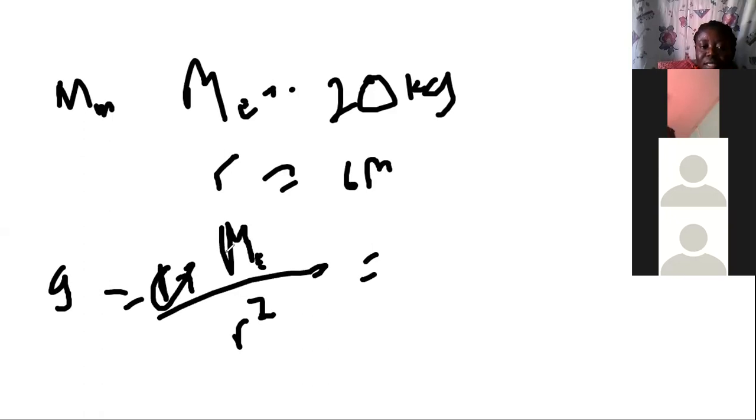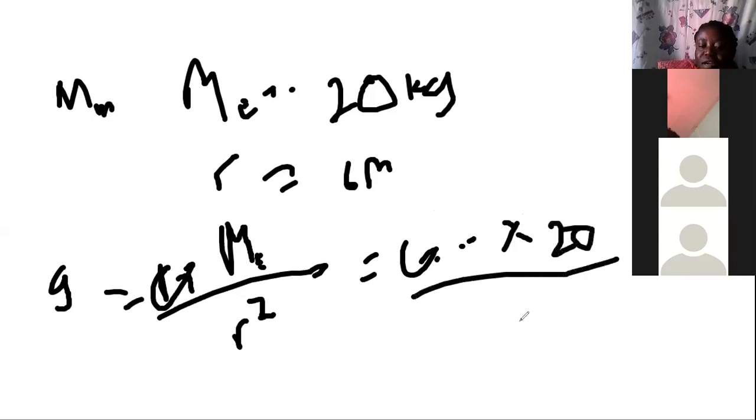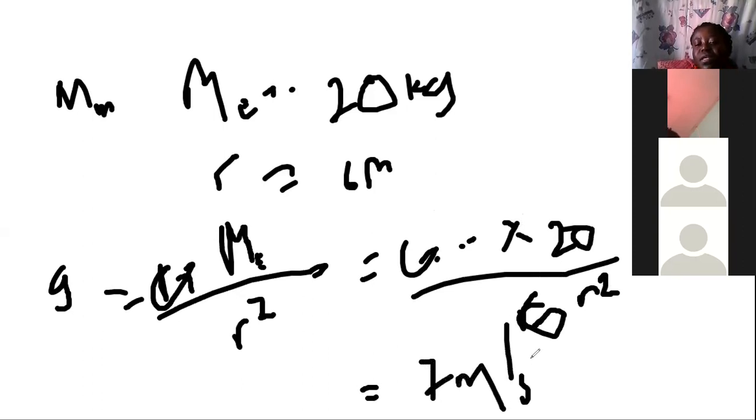So I substitute the mass, I put in the 20. My G is 6 point something times the mass of the earth, which is 20. Then I divide this by the radius squared, which is 6 meter, squared. So the gravitational acceleration between the two is that times that divided by that, which gives me, let me say, 6 or 7 meter per second squared.